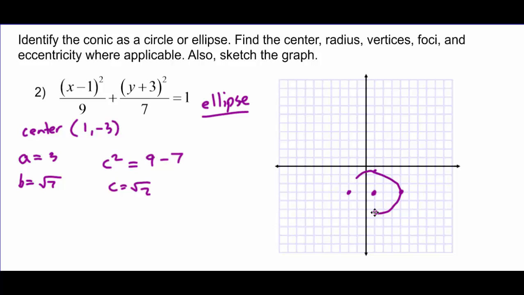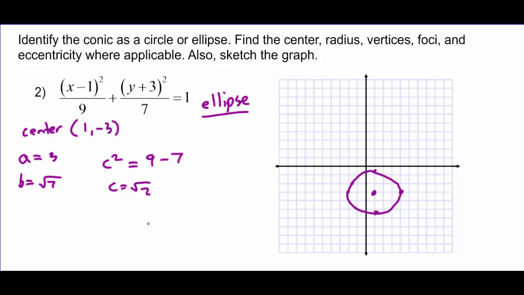All right, so I have enough to be able to sketch an ellipse that looks somewhat elliptical. All right, we'll roll with it. Okay, I need to mark some of the key information. Now, here's the thing to remember. The center's at 1, -3. The vertices were to the left and right of that center.